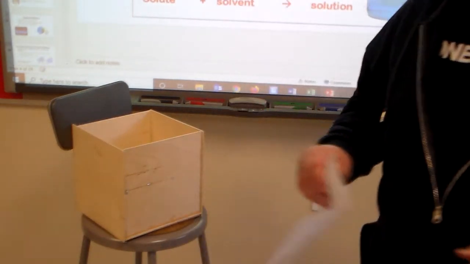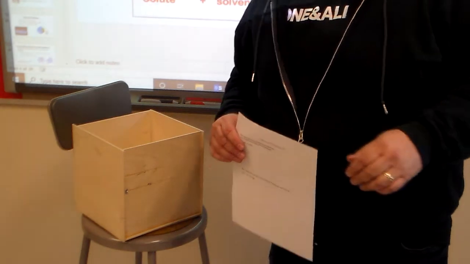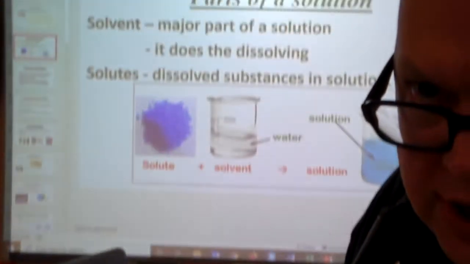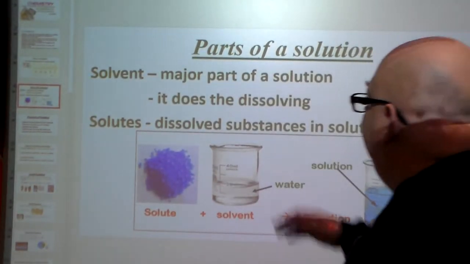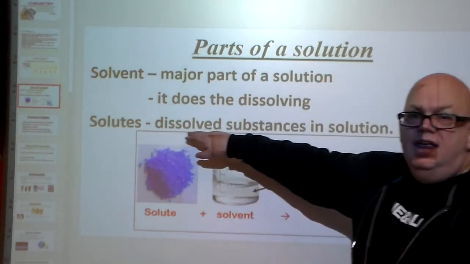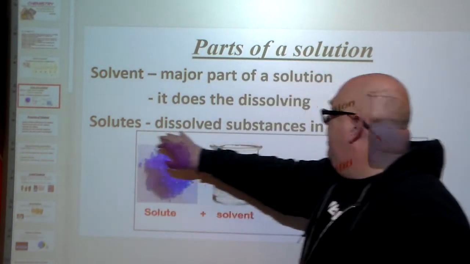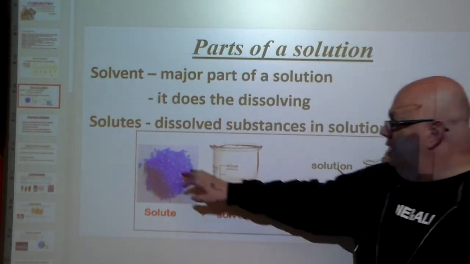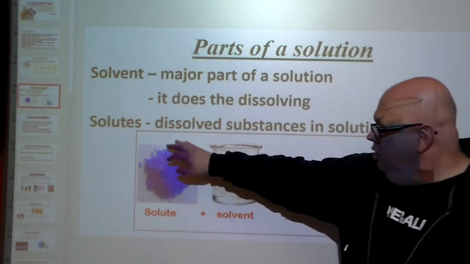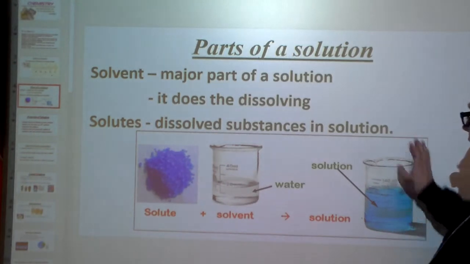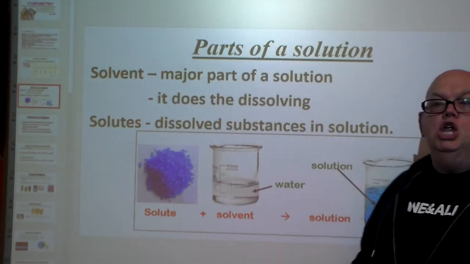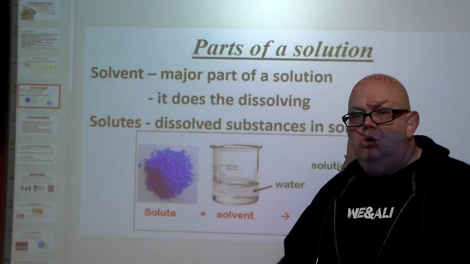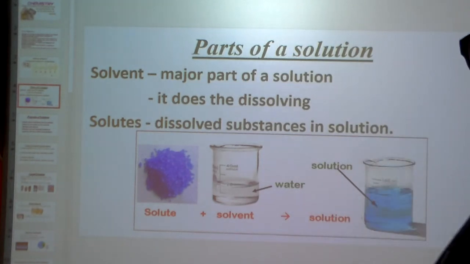What does that mean when we talk about dissolving? Well, in order to get to the solvent, you have to understand what is a solute, and that's what's dissolved in the solution. So here's an example. We've got water, we've got blue crystal, and we have ourselves a solution. Don't drink that.